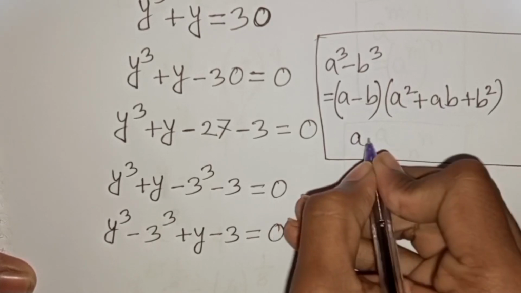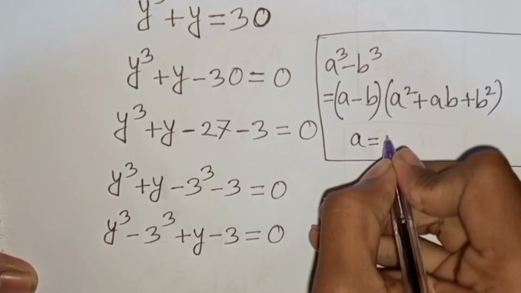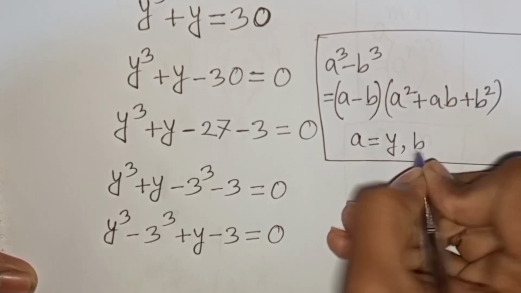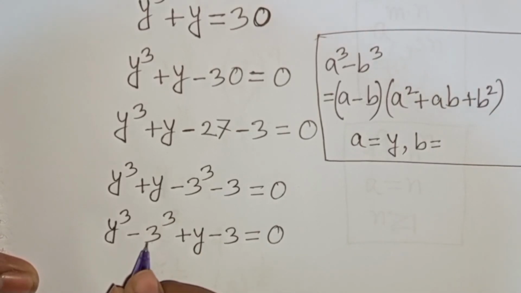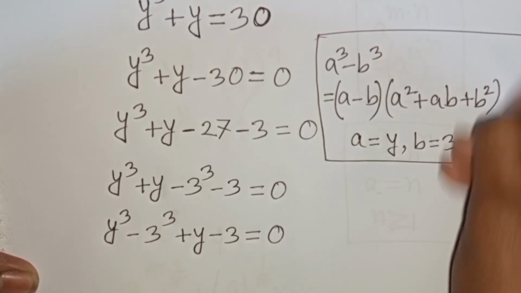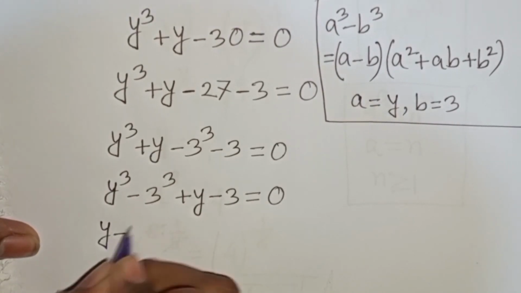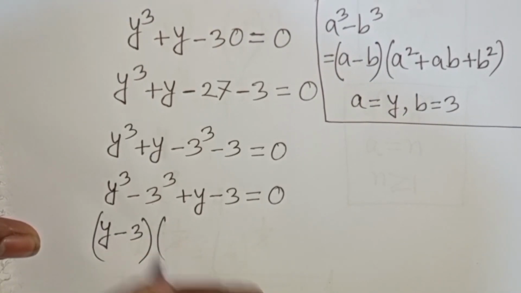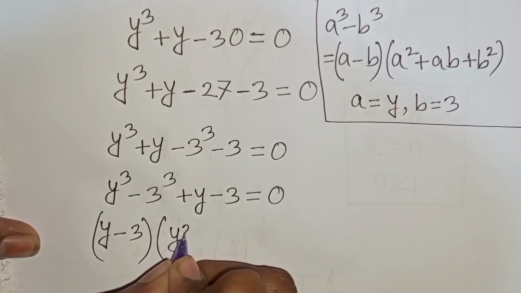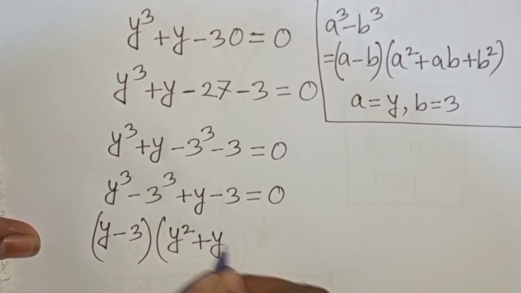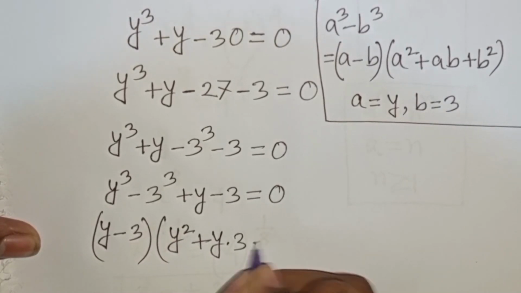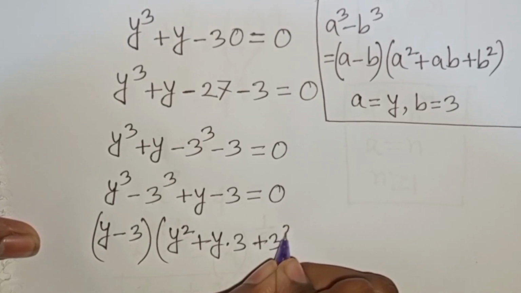Here a will be equal to y, then b will be equal to 3. So according to this formula I can write y minus 3 times y square plus y times 3 plus 3 square.